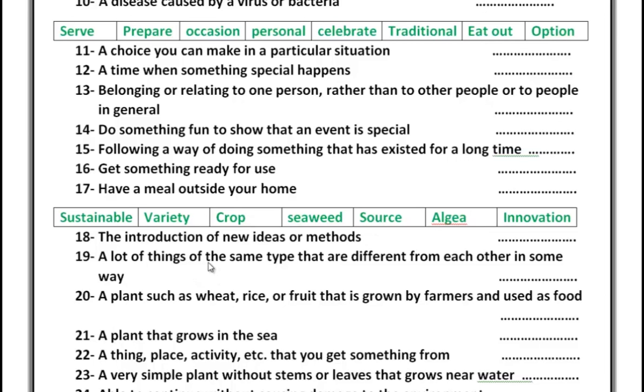A lot of things of the same type that are different from each other in some way: variety. A plant such as wheat, rice, or fruit that is grown by farmers and used as food: crop. A plant that grows in the sea: seaweed.